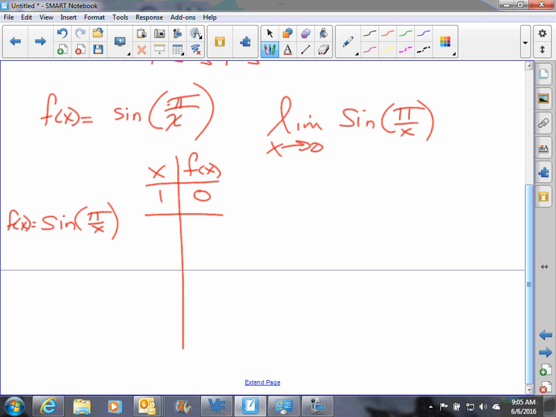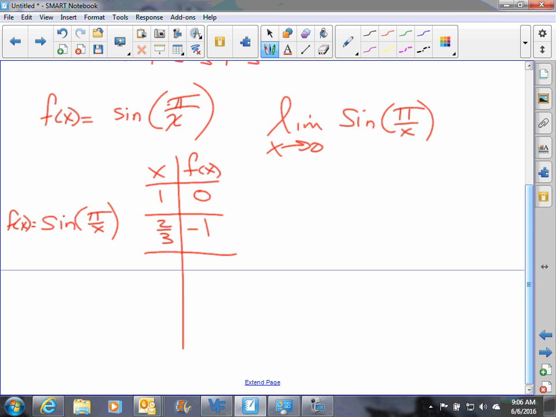Now, as I move towards 0, I'd like to use 2/3. Now, f of 2/3 is the sine of pi divided by 2/3, which is the same thing as the sine of pi times 3/2, or the sine of 3 pi over 2. Now, if you think about your unit circle, the sine of 3 pi over 2 is -1.